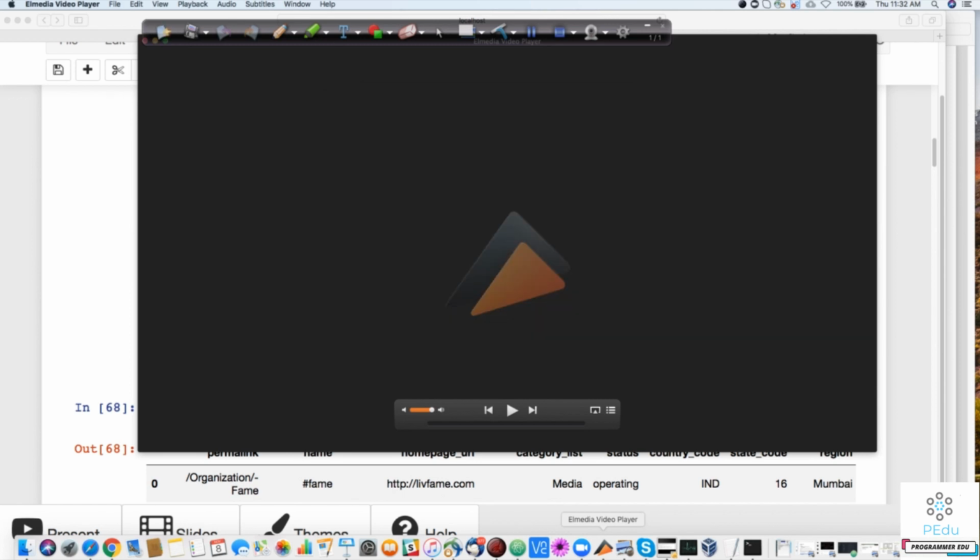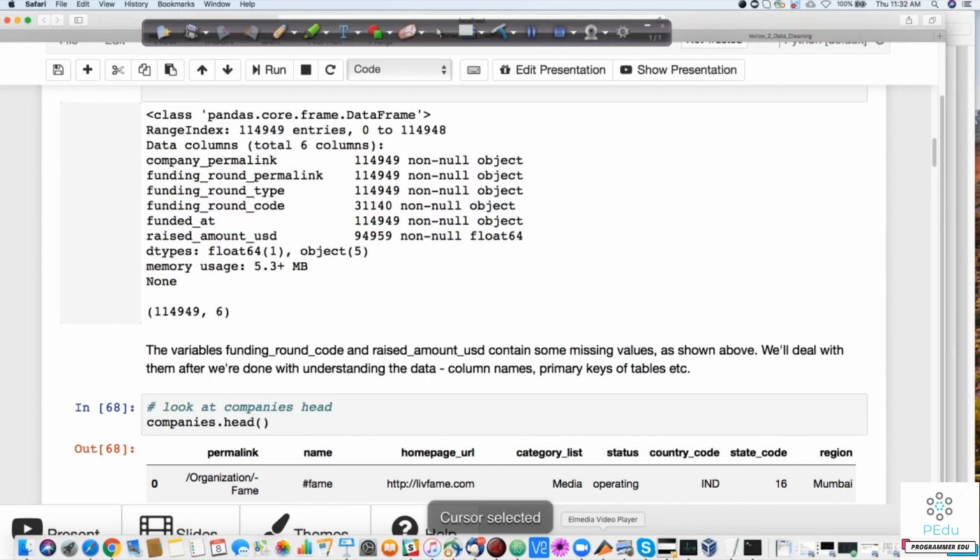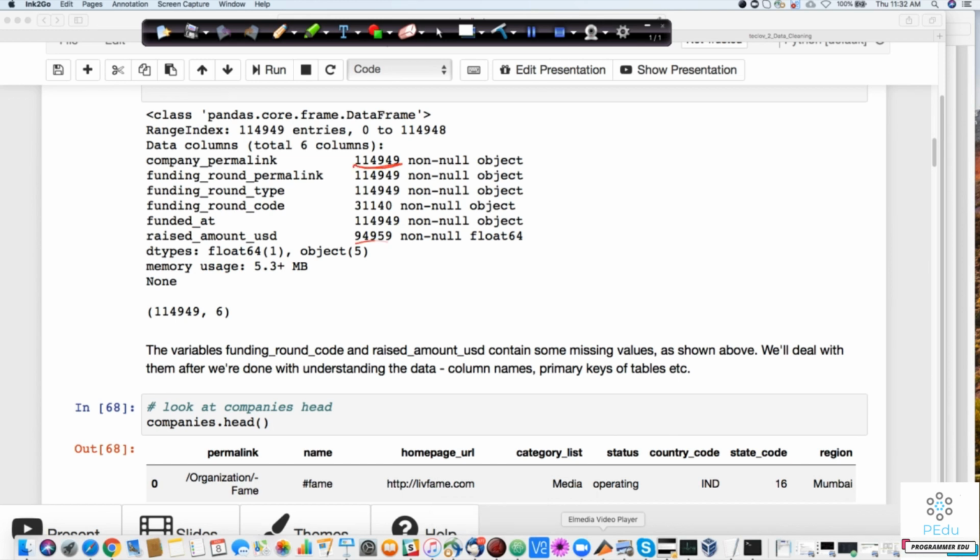Sorry about this, let me bring this down. If you look at this amount of data, this part is 114,949, but here we have fewer values. That means we have some missing entries, and we have to deal with them. We will see how we can deal with this scenario, but this gives us the intuition that yes, we do have some missing entries.